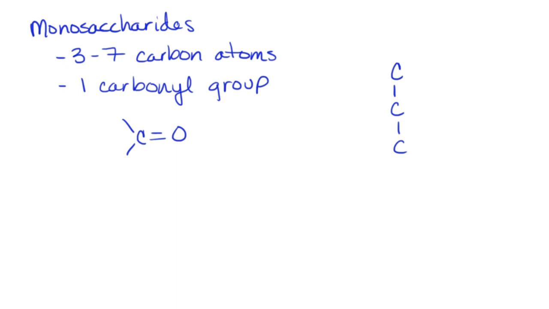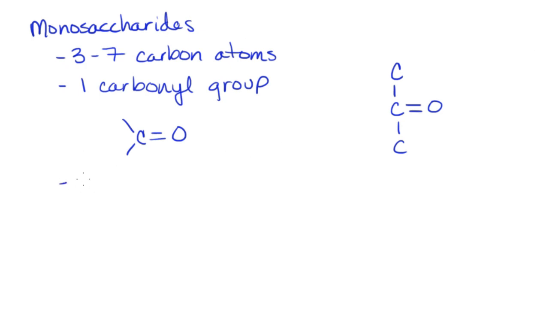Now this could be located on any one of those carbons. There are different names for the monosaccharides depending on exactly where it's located, whether it's located on one of the end carbons or in the middle. For our purposes, I'm just going to draw it right now coming off of this one in the middle. So we always have one carbonyl group.